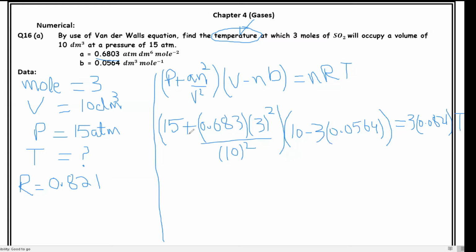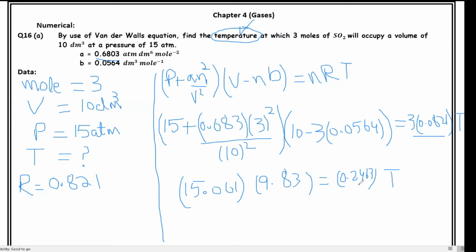So you will solve this factor, and that comes out to be 15.061. The value of the other factor comes out to be 9.83 after solution, and 3 into 0.0821 comes out to be 0.2463 after solution, and you get the temperature.